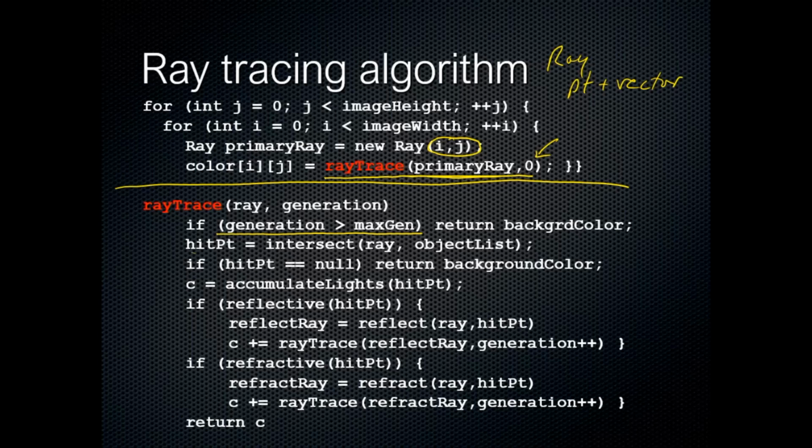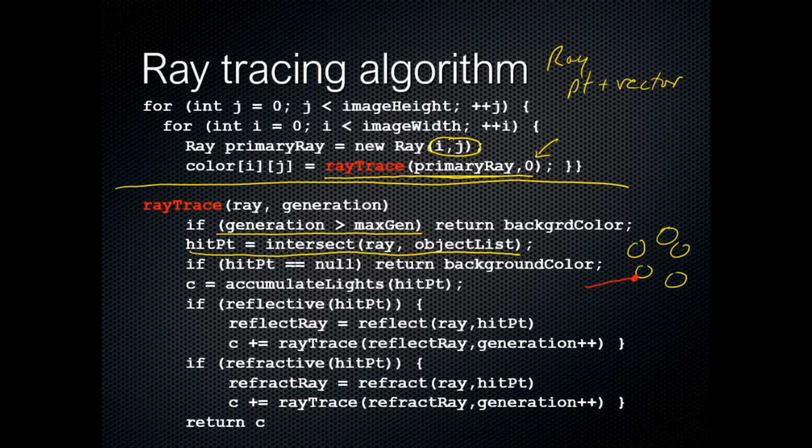Next thing we do is figure out the intersection of the ray with the first object in the object list. So if we've got a lot of objects in our scene, 1, 2, 3, 4, 5, and we cast a ray, we're going to figure out the hit point being the first object we hit and not any other objects we might hit through the scene.